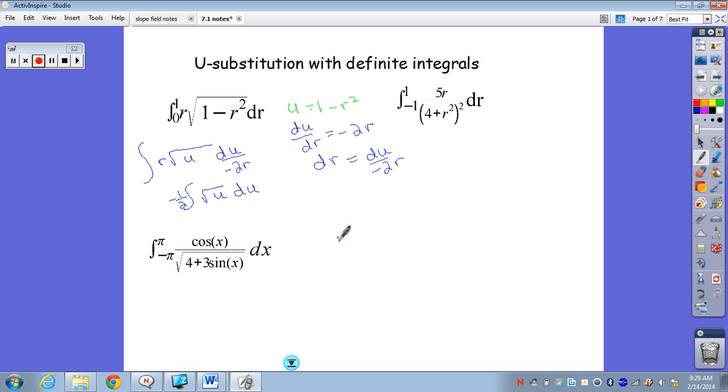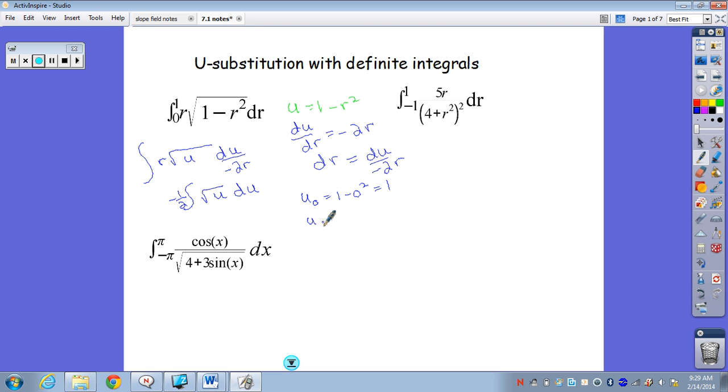Now the step that I haven't shown you yet, which is what's new about 7.2, is that when we have bounds, we can change those bounds in terms of u so that we don't have to change our equation back into r. So what we're going to do is plug these bounds into my original u equation to get the u bounds. So u of 0 is equal to 1 minus 0 squared, which is 1.